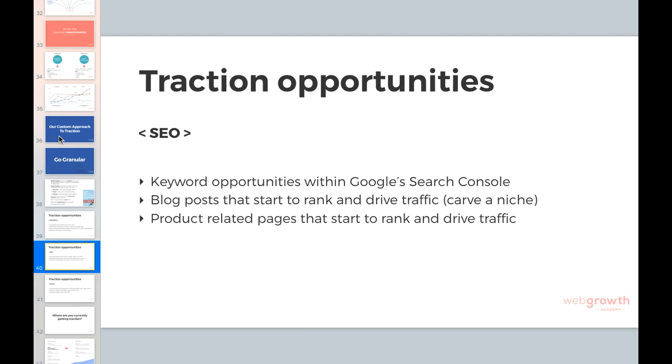We've seen that one specific blog post start to drive traffic, and literally has been able for us to pivot into different areas within digital marketing. It's also allowed us to carve a niche within that topic, and build supporting content around that specific piece of content. So it does open up doors if you start ranking just for one blog post. And then, of course, product related pages that start to rank and drive traffic.